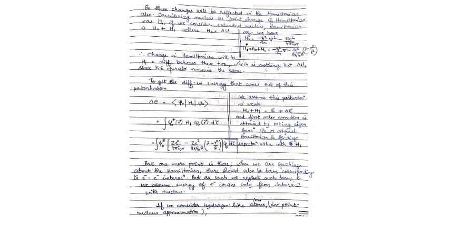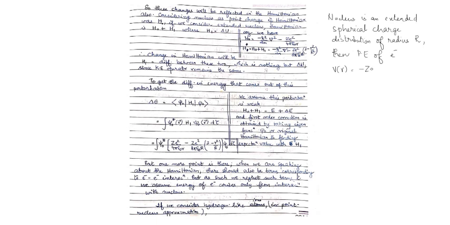If you assume that the nucleus is an extended spherical charge distribution of radius R, then the potential energy of the electron with respect to such a nucleus would be minus Ze square by 8 pi epsilon 0 R times (3 minus r square by R square).